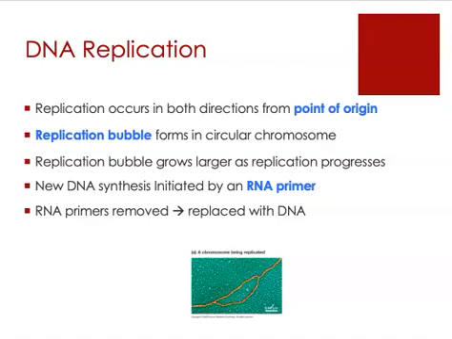Now, the cell is going to separate the 2 strands from each other, starting at the point of origin. We refer to the area of separation as the replication bubble. And the replication bubble is going to enlarge in both directions, because we're in a circle, until the entire DNA molecule has been copied.